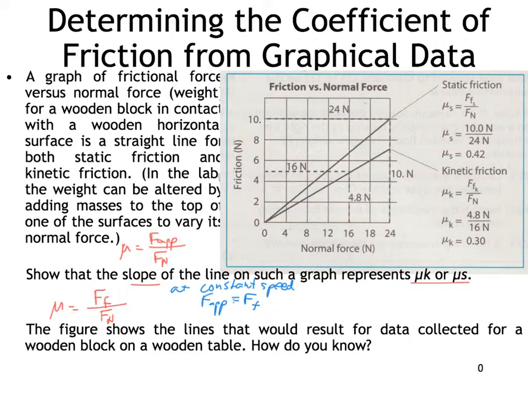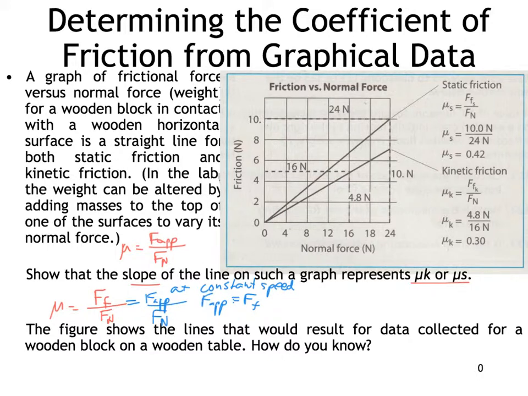So every time I see a frictional force in the equation right here, I'll write F app instead, and I'll leave the Fn alone. And the reason that I'm stopping here is because we have F app over Fn, which is the same equation as this. So if mu is F app over Fn, then friction over normal force is the slope. So that means the slope is going to be giving you mu.